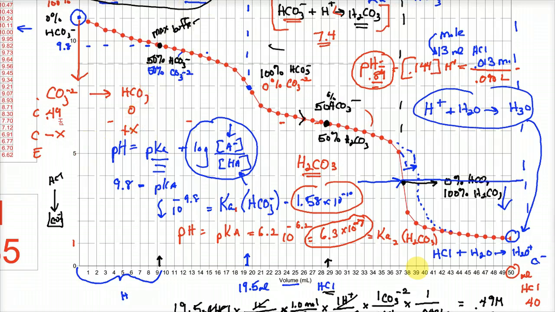Okay, let's get rid of some stuff out of the way here. And of course, this is 0.49 minus X, and this is going to be X. Remember, I can approximate this X away because the Kb is so small. This is not going to be markedly different than 0.49. It's going to be a tiny number compared to this, so I don't need that.